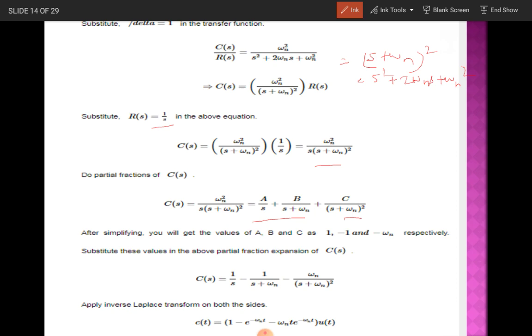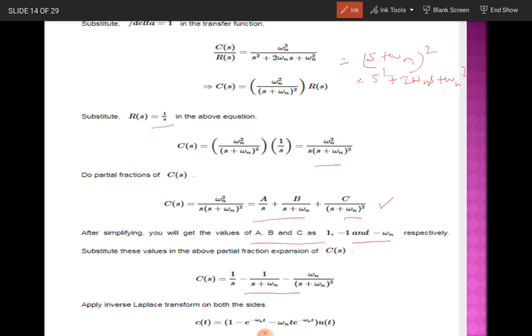We can find the coefficients a, b, c as 1, minus 1 and minus omega n. I assume that you are aware of how to solve for a, b, c. After substituting these coefficient values, you will get C(s) is equal to 1 divided by s minus 1 divided by s plus omega n minus omega n divided by (s plus omega n) whole square.